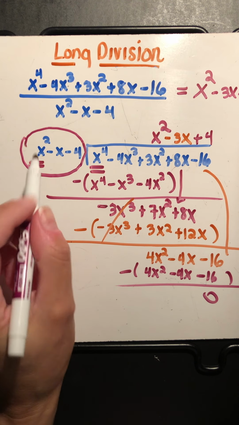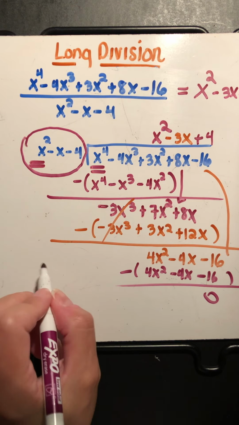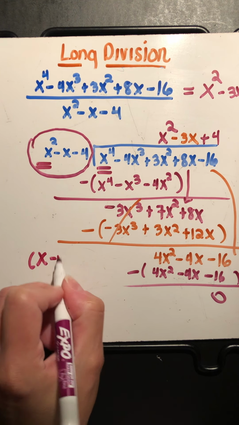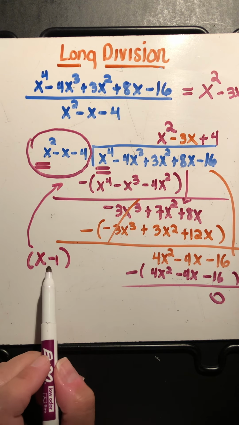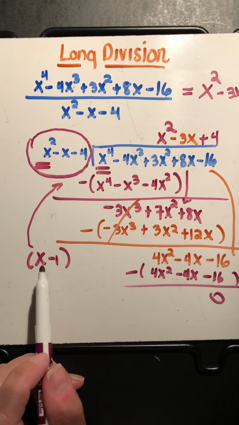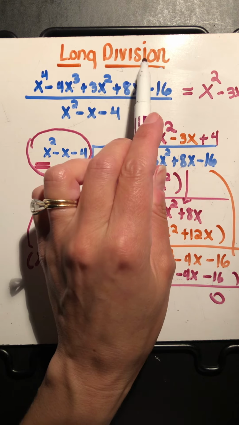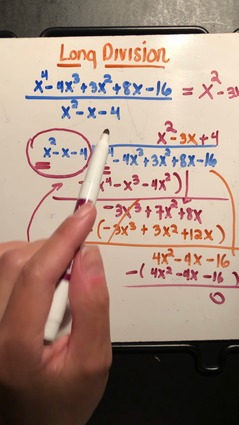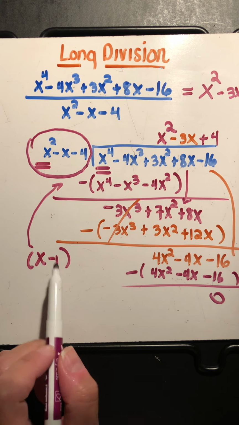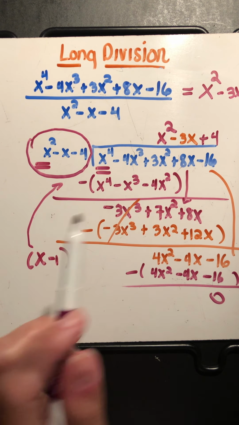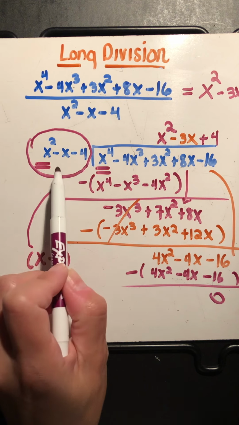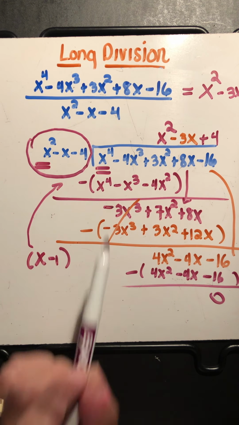If your divisor is linear, like, let's say you had x minus 1 as your divisor, then you can use synthetic division. So you only need long division because you can't use synthetic division unless you have a linear factor. You can't use synthetic division with a squared term. So it is necessary for these cases where your divisor is quadratic or higher.